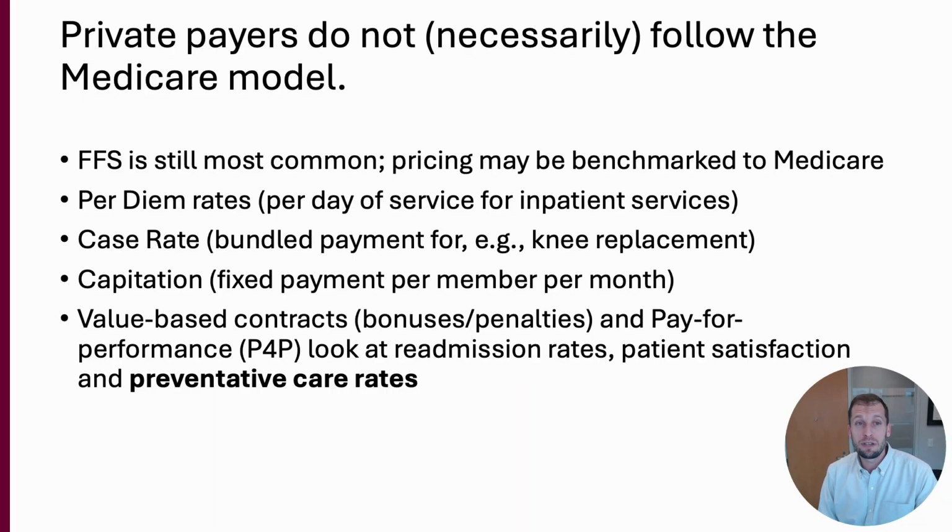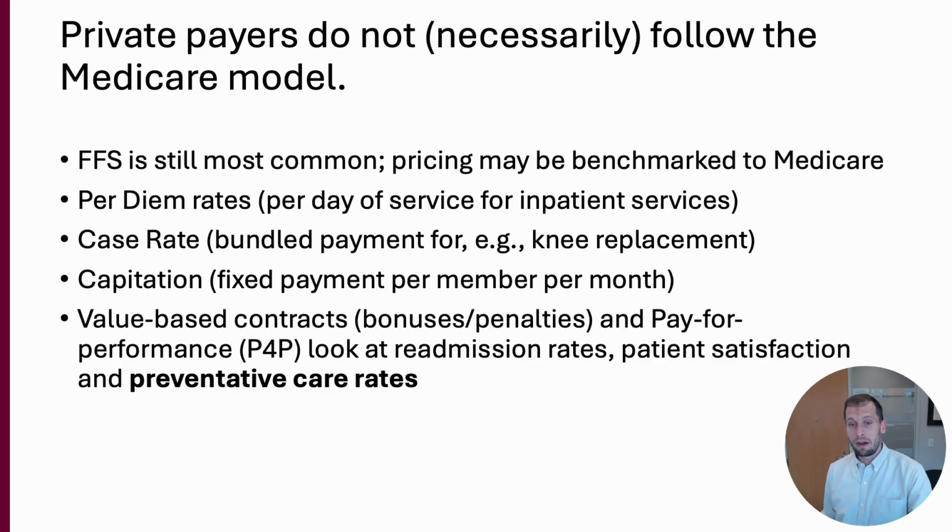So private payers do not necessarily, again, follow this Medicare model. Fee-for-service is still the most common, and pricing oftentimes is benchmarked to Medicare, and there's a similar structure, okay? But you might have just per diem rates. It's per day of service for inpatient services, not a DRG. You might have a case rate, okay? So it's similar to the DRG. We've got this bundled payment for a knee replacement.